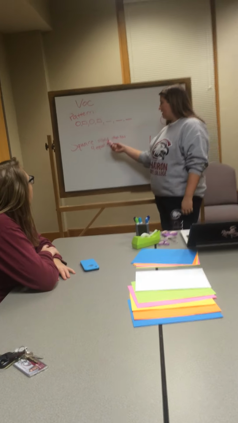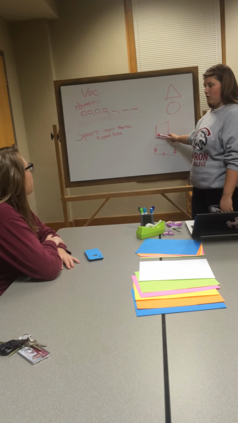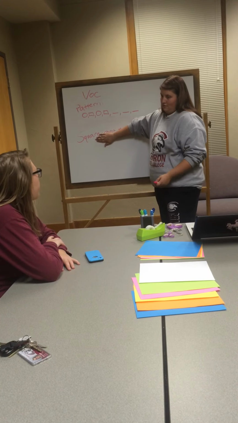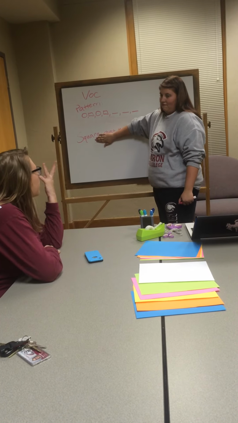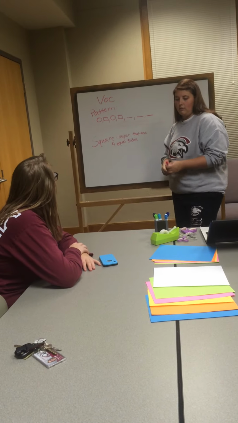Okay, so square, the object, has four equal sides. Okay, so what does a square have? 4 equal sides. Yes. Okay, this pattern, can you finish the pattern for me? You can.